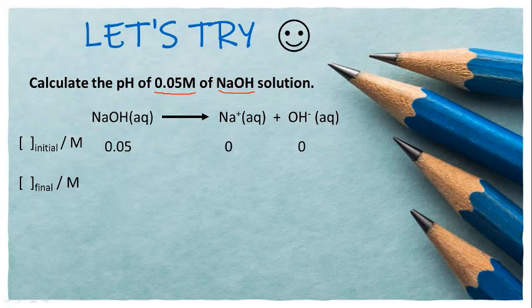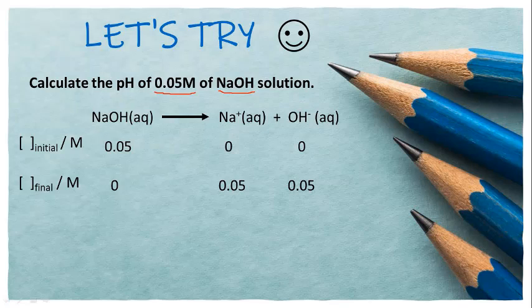Same as acid in the previous slide, sodium hydroxide final concentration is 0, and after dissociation, sodium ion and hydroxide ion have the same concentration as sodium hydroxide, which is 0.05.